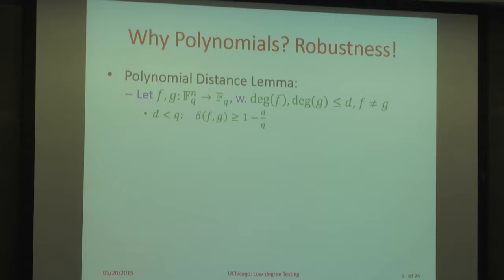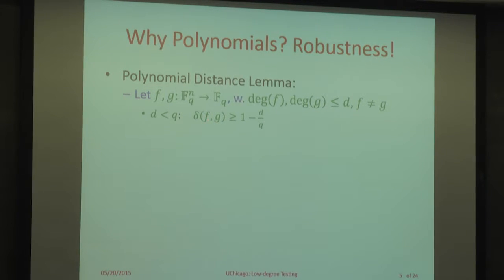Okay. If you are looking at the case where the degree is less than the field size, then the fraction of places where you have to change f to get g is at least 1 minus d over q. So think of a case of polynomials of degree half the field size, then you have to change its value in at least 50% of the points to go from one degree d polynomial to another. Okay.